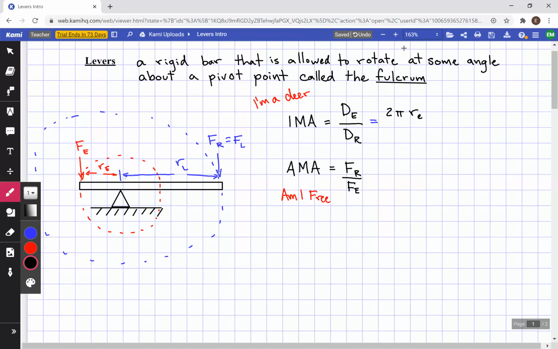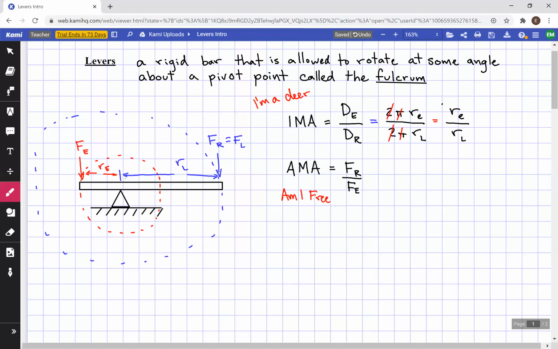So 2 pi RE over 2 pi RL. And we can see here that this is going to simplify. The 2 pi's are going to cancel out. And so we can simply find the ideal mechanical advantage by determining the ratio of the distance of the effort force from the fulcrum to the distance of the load or the resistance force to the fulcrum.